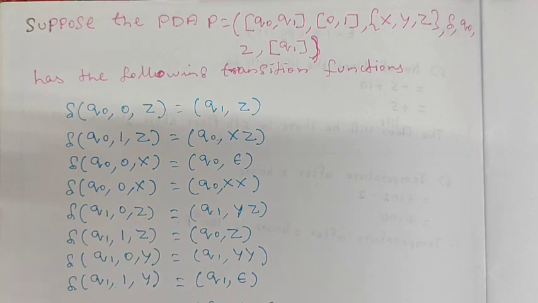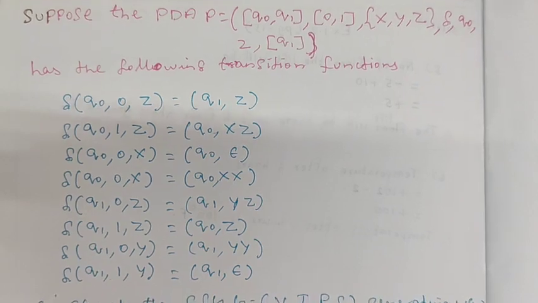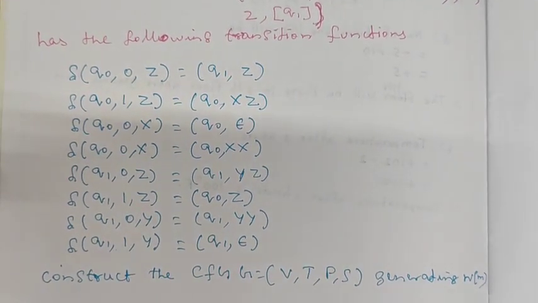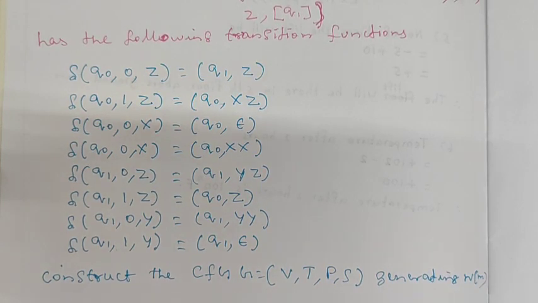Now, if this is the case and a set of transition functions has been given like this, we have altogether 8 transition functions. So the question is to construct a context-free grammar, which is V, T, P, S, generating a particular pushdown automata or grammar.